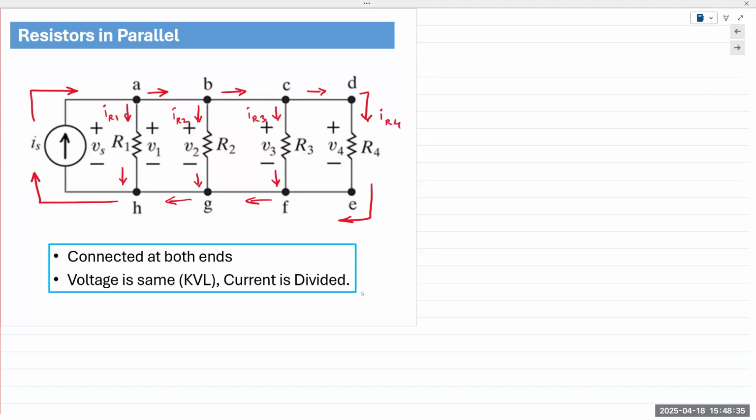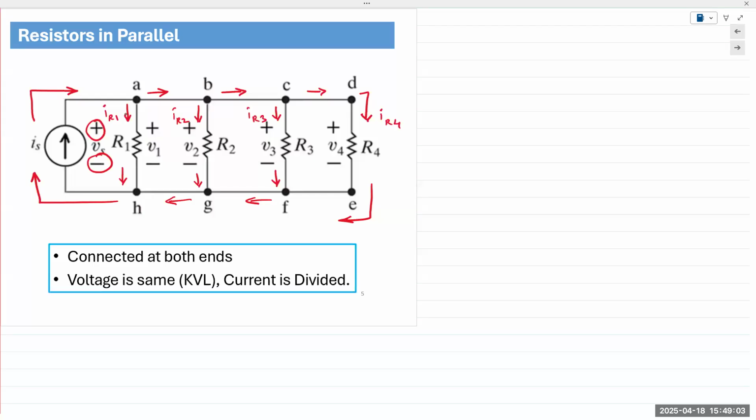Okay. That's the logical order of steps that you should take when you're working with an unknown circuit. You're applying current directions. You start with the source, and from the source you can assign current directions and voltage polarities. Because the currents are coming from the top and going down, all of them have voltage polarities plus at the top and minus at the bottom.